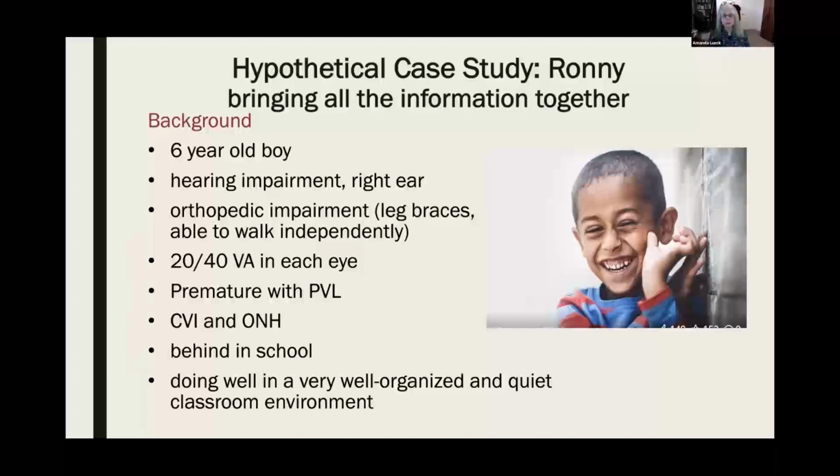So he was a 6-year-old boy, hearing impairment, right ear, orthopedic impairment, leg braces, but able to walk independently, 20/40 visual acuity in each eye, premature with periventricular leukomalacia, PVL, CVI, and ONH, behind in school, doing well in a very well organized and quiet classroom environment.